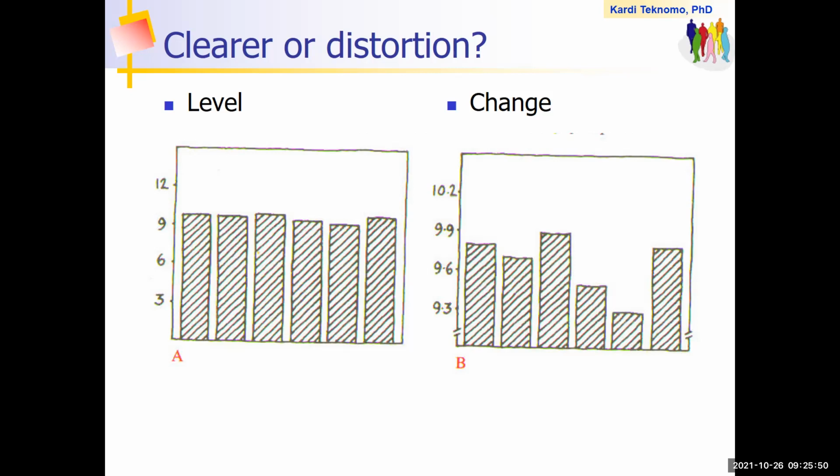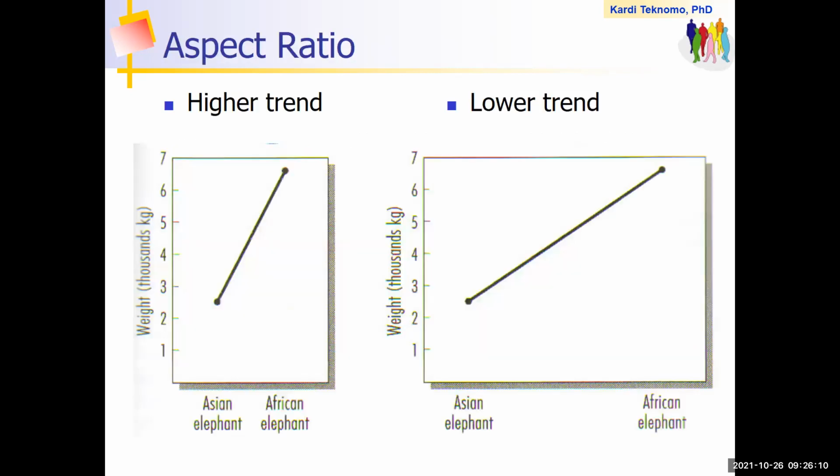So be careful, okay? When you want to emphasize the change, you use the right side. If you want to emphasize the level, you use the left side. So this is how to lie with statistics, right?